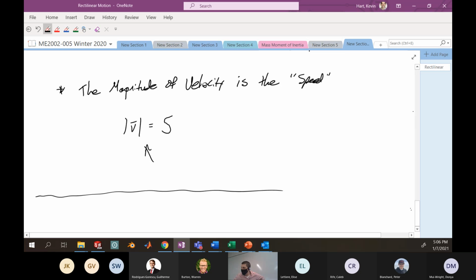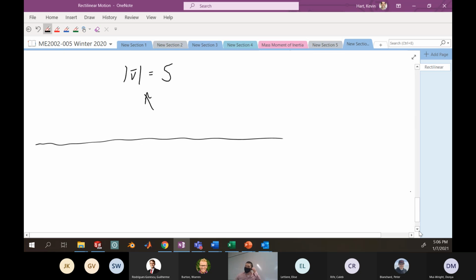But here we have velocities and positions, and we're taking derivatives of these. We need to be particular about what's happening when we differentiate a vector. So I want to have a little aside about actual differentiation of a vector.